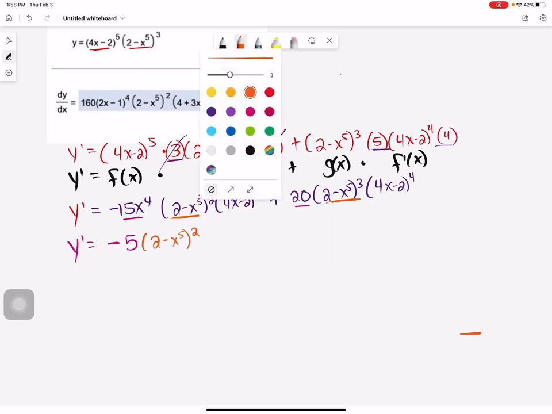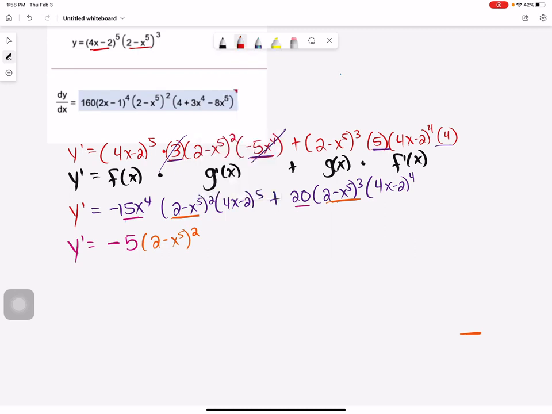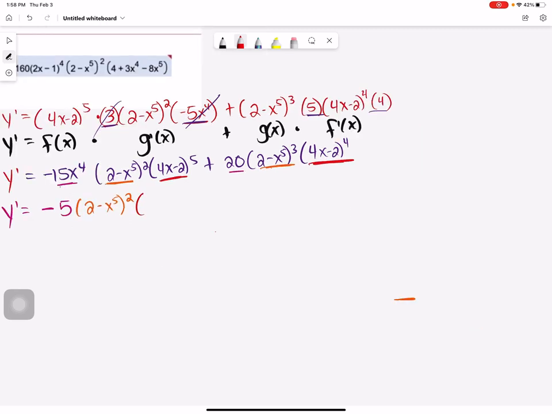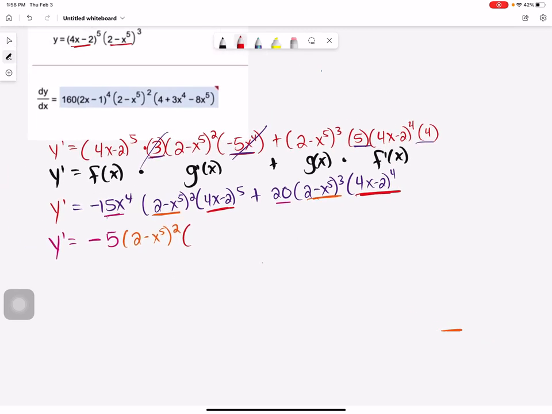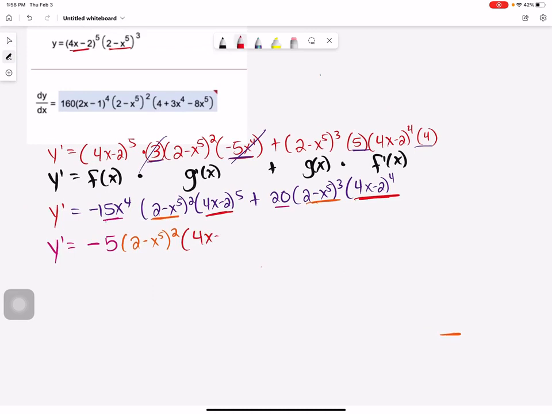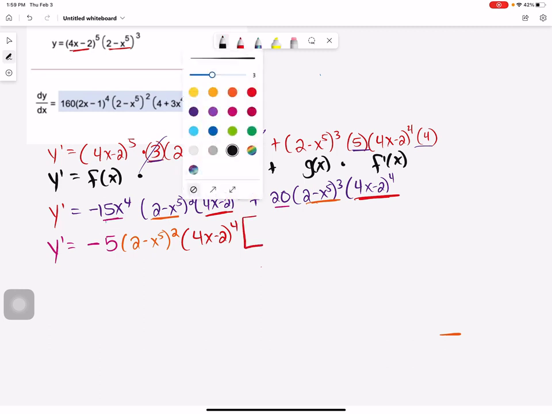And I also notice that I have at least 4, because the smallest exponent was 4, of the 4x minus 2 expressions. So that is my greatest common factor. That's what I'm going to bring out. I'm going to divide everything by that. All right, so let's do that.